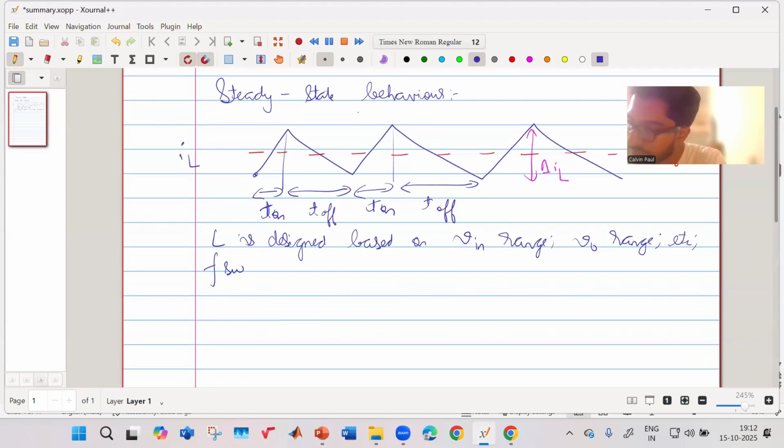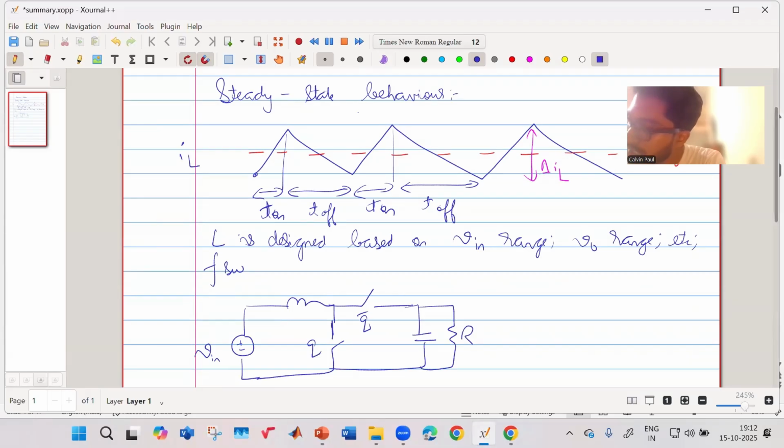So for your buck or for your boost, this is your boost, your Q bar, this is your capacitor, load resistance R. Your input voltage will have a range. Your output voltage also will have a range. And based on that, you have to find the steady state.